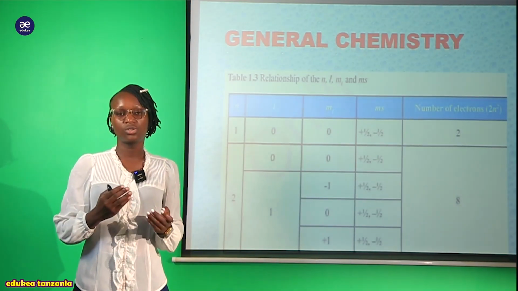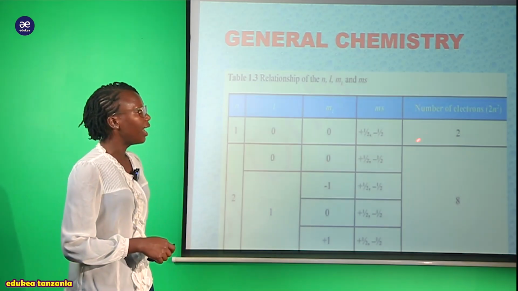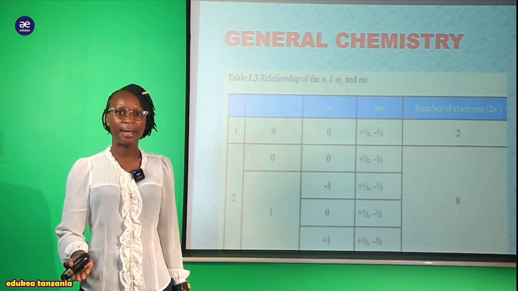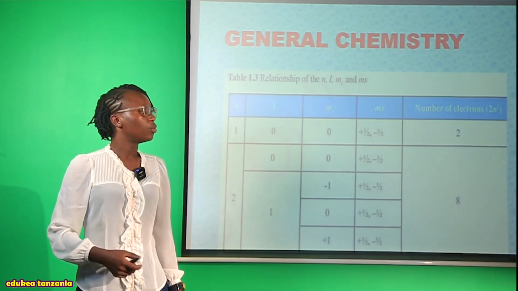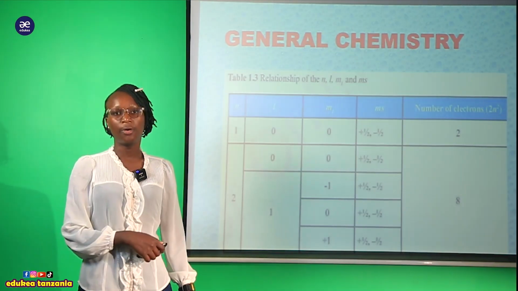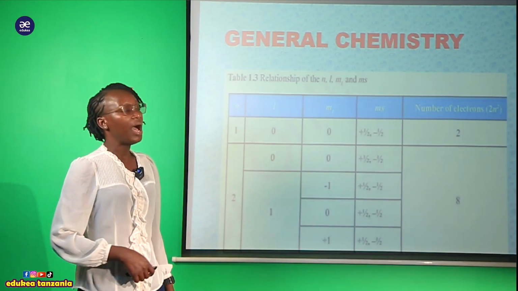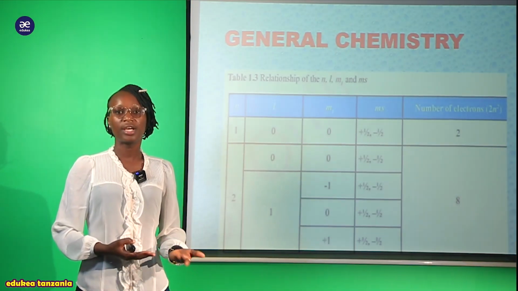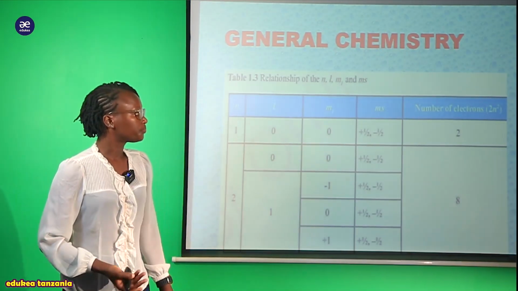Finally, utapata the total number of the electrons. So hata ukiambiwa calculate maybe the maximum number of electrons, utatumia this simple formula ambayo itaweza kukusaidia kujua the maximum number of electrons of a certain orbital.